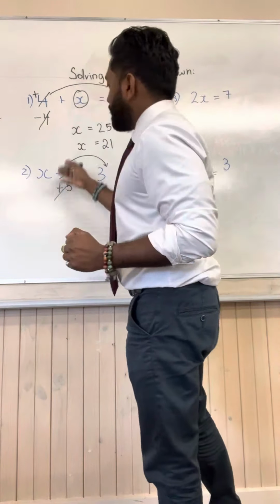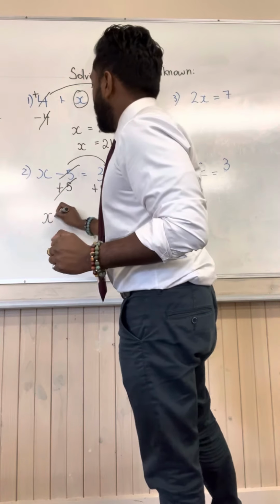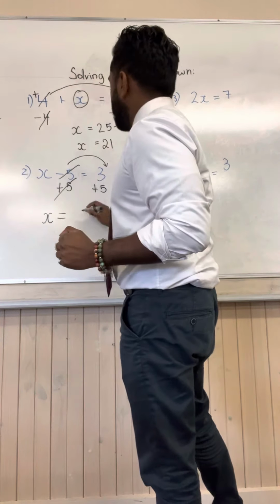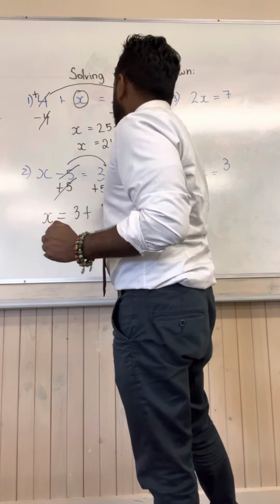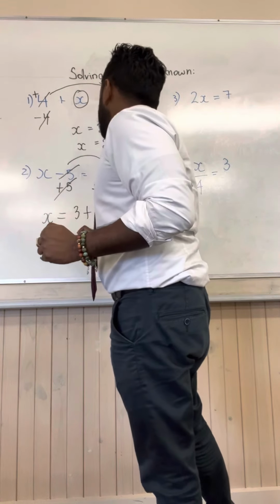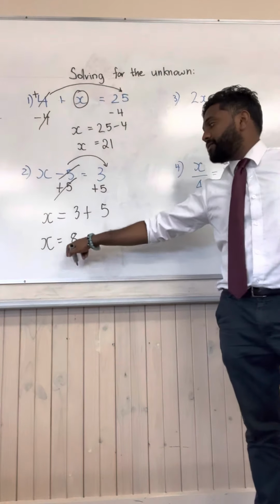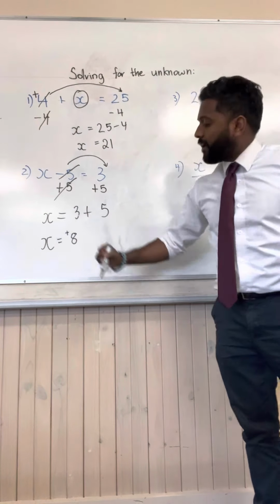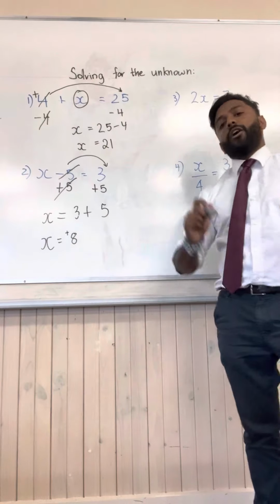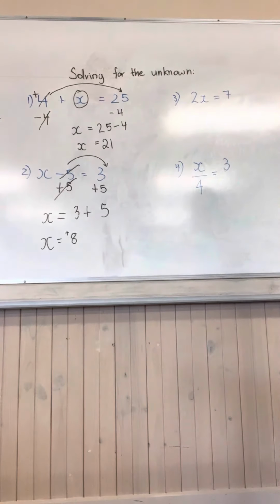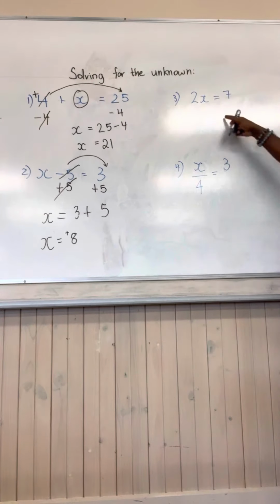So on the left-hand side, you've got x is equal to 3 plus 5. x is equal to 8. And that is actually a positive 8. We don't really write that there, but I'm just going to show you that it's actually a positive 8.